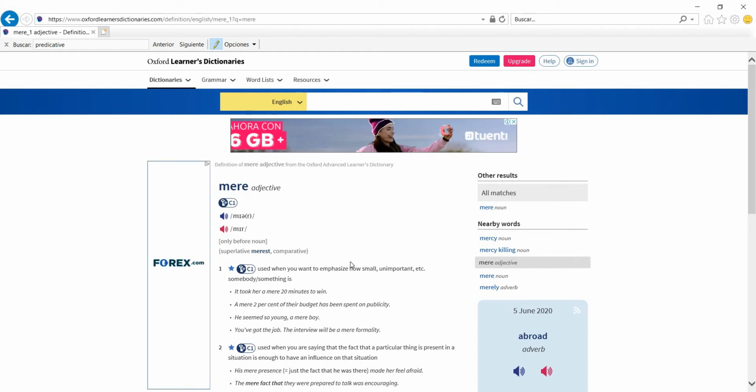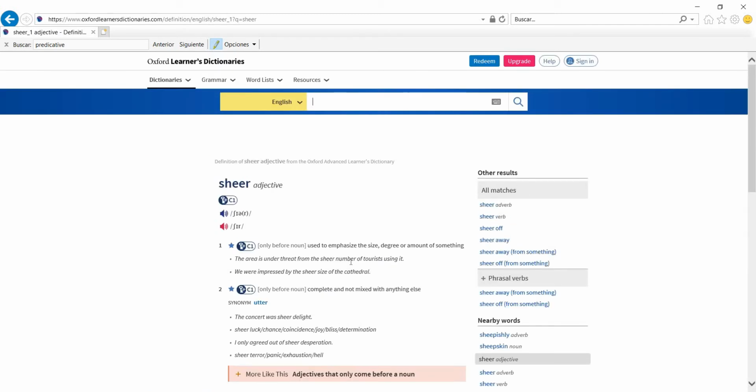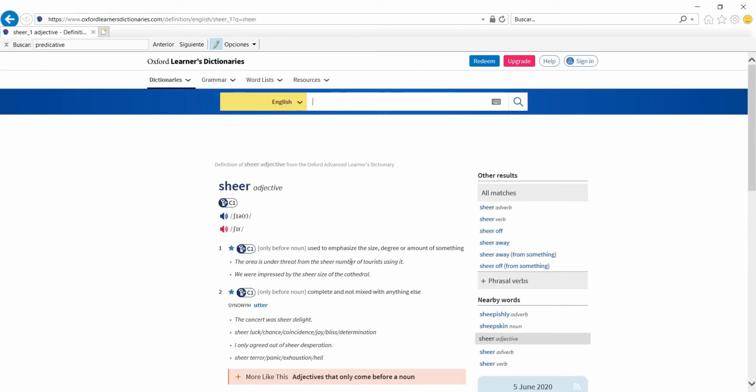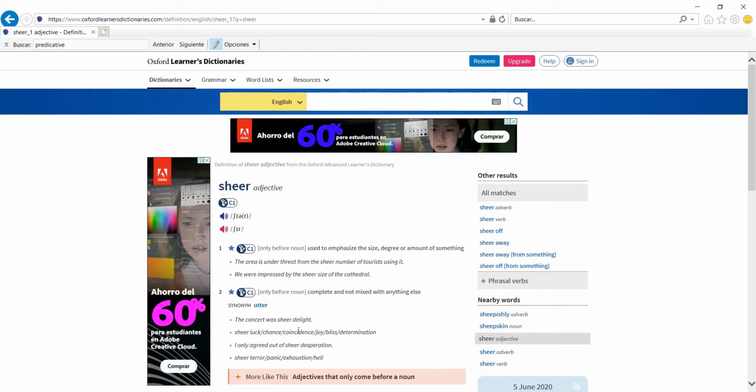And there's also sheer, meaning complete, right? Sheer madness, as it says here, right? But there are others that are not mentioned here, and I would like to focus on. So you see sheer delight, sheer luck, sheer chance, coincidence. All these collocations are really, really good. The only role of sheer here is to emphasize, right? To say very, very much so, right?